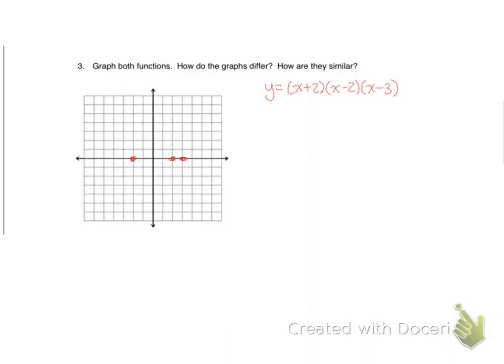Any multiplicities here? No, they all happen once. What does the end behavior look like? So if you multiply all three of those first terms, you're going to get x cubed. The end behavior is down up. So on the left hand side it's going to be going down, right hand side is going to be going up, and just connect the dots.